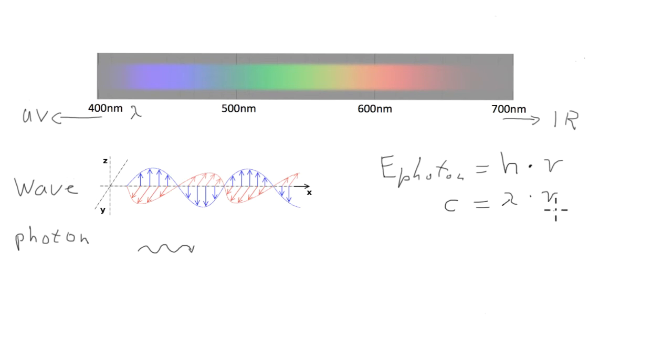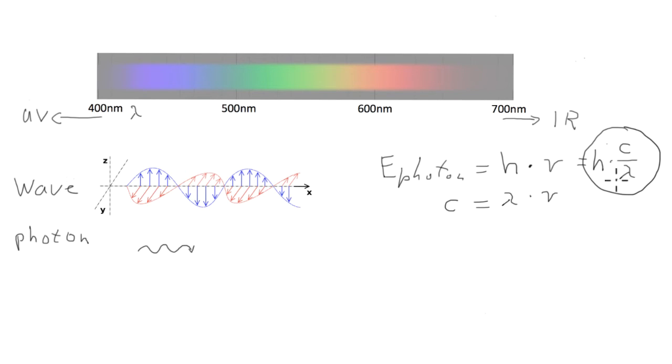That allows us to make this substitution for nu, so that the energy of the photon is h times the speed of light, divided by the wavelength. We now have an equation for the energy of a photon with just two constants, the Planck constant and the speed of light, and then the wavelength of the photon.